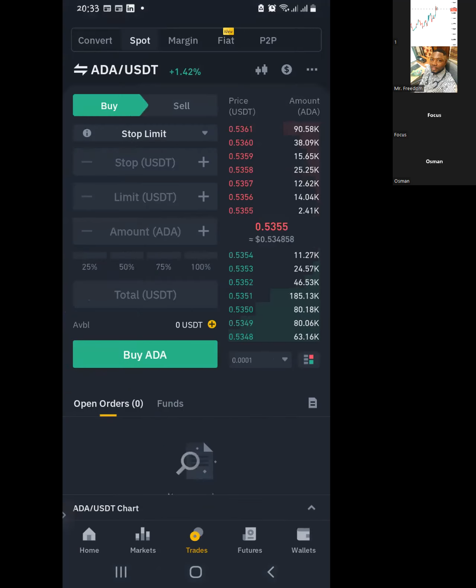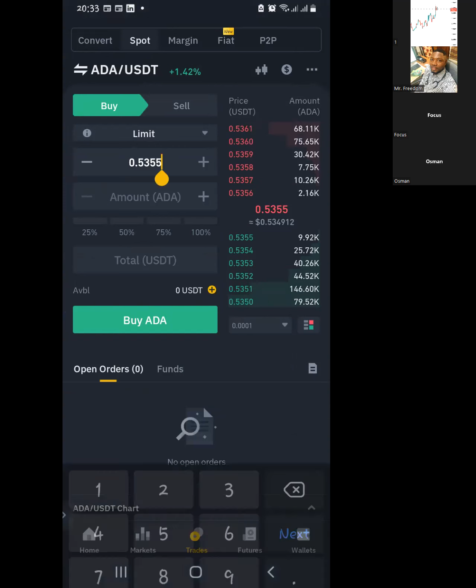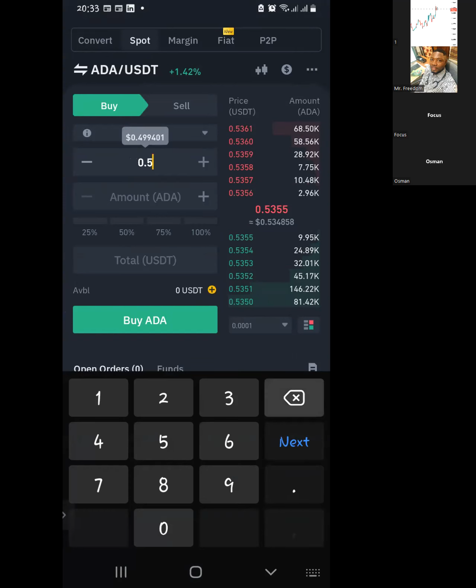You type in the price at which you want it to buy when it drops to, then put in the amount of ADA you want to buy, or you can input the amount of USDT you want to use to buy. Either way, any of them. Once you've put in the quantity, you click on buy. This trade will be hanging because the price of ADA is currently above your limit price, so it won't execute yet. But if it should drop and hit your limit price, that is when the trade will execute.